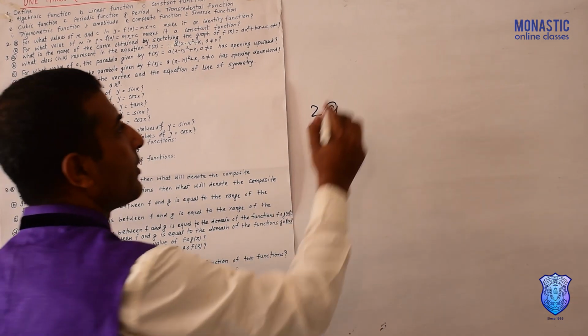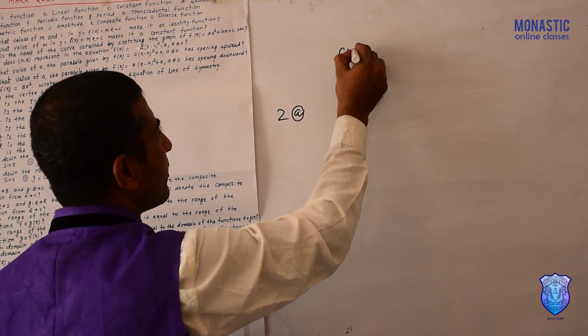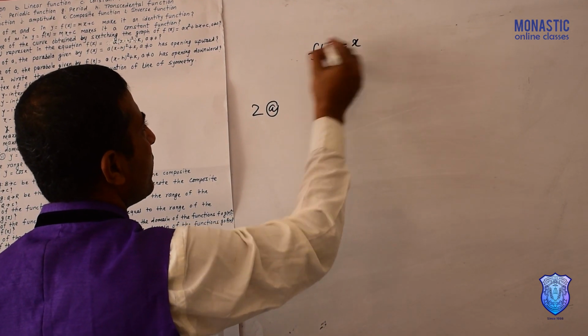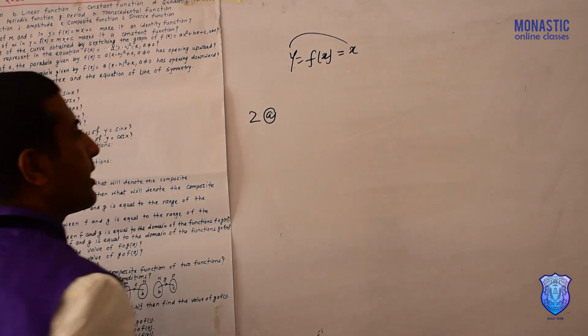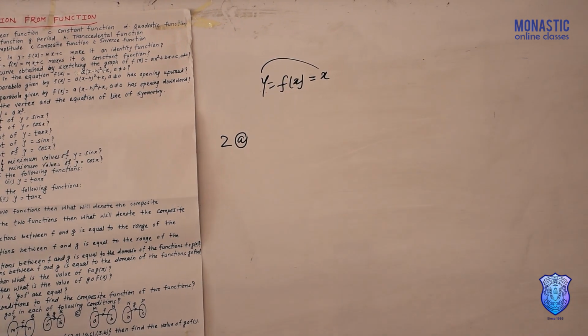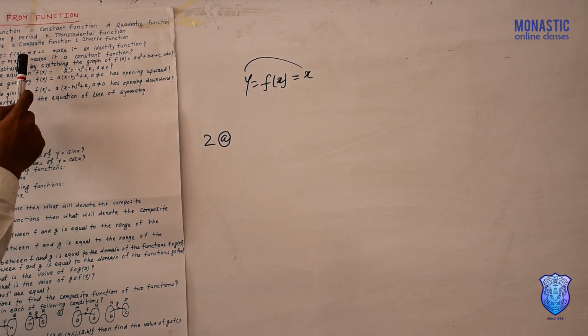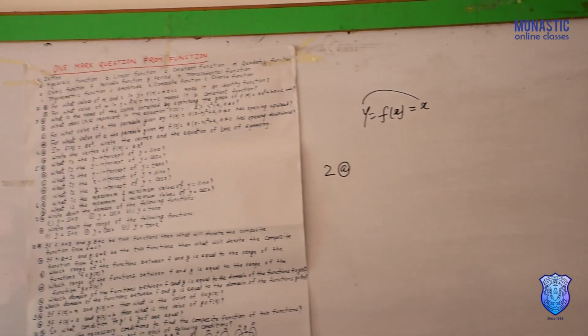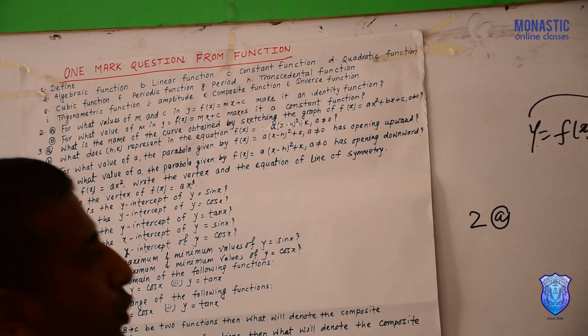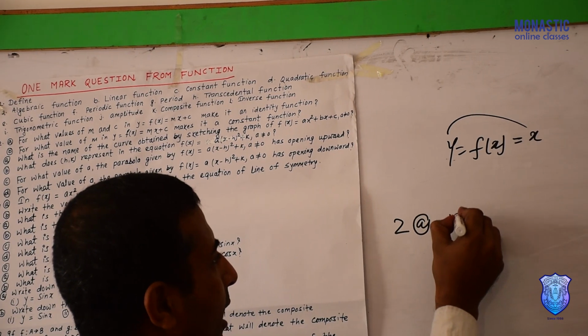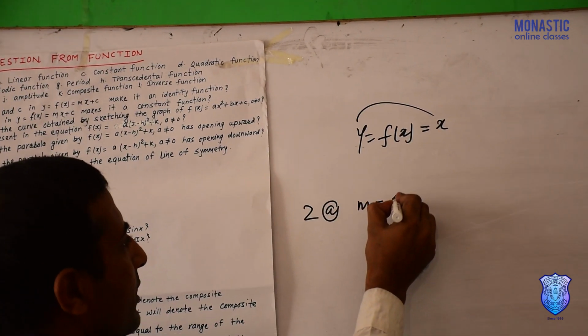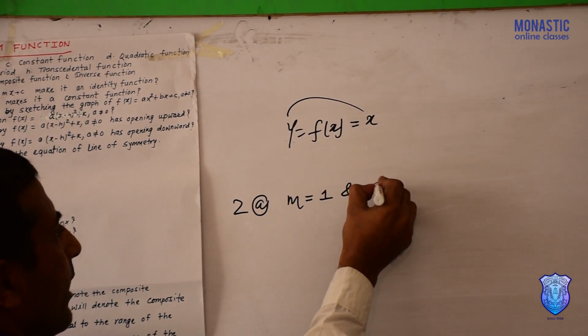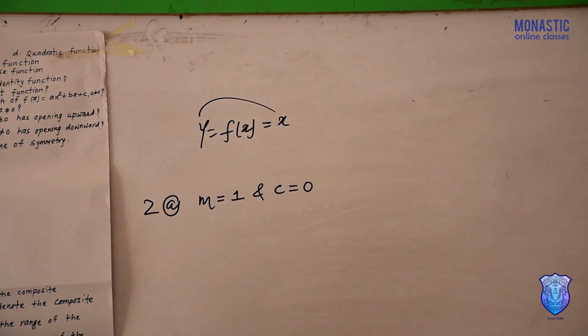We have learned identity function means f of x equal to x, that is, y and x are equal. How will it be equal? For that, m must be 1 and c must be 0. So our answer is m is equal to 1 and c is equal to 0.